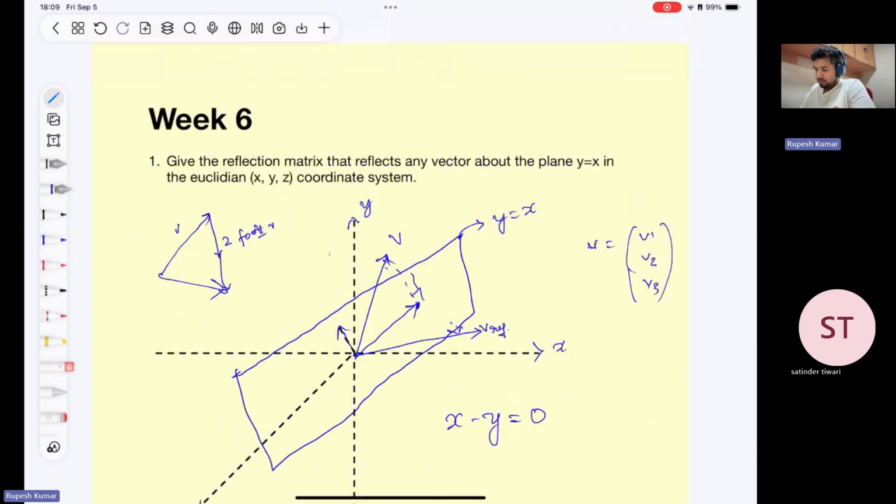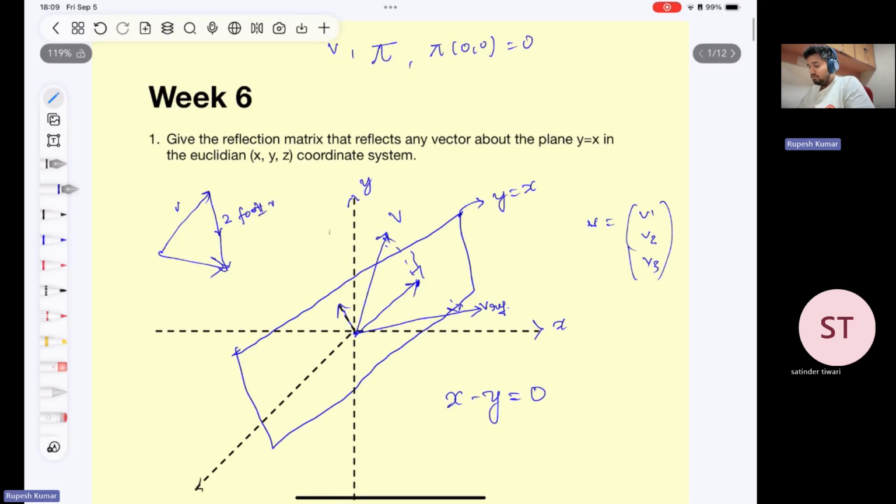Let me write this like this. Let's say we have a vector v and we have a plane pi, right? So we want to find the reflection of vector v along the plane pi that passes through the origin, such that pi (0, 0, 0) equals 0, right?